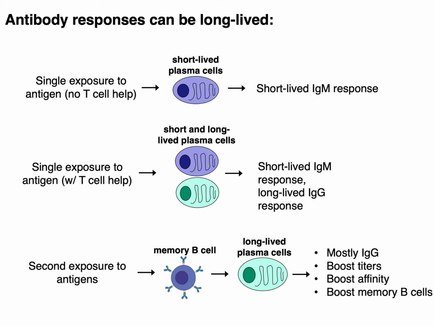A second exposure to an antigen, on the other hand, can dramatically boost the response by activating memory B cells, which can give rise to another round of long-lived plasma cells that continuously produce antibodies. Therefore, multiple exposures to an antigen boost the titers of antibodies, and they boost the affinity of antibodies, and each round of exposure boosts the number of memory B cells.